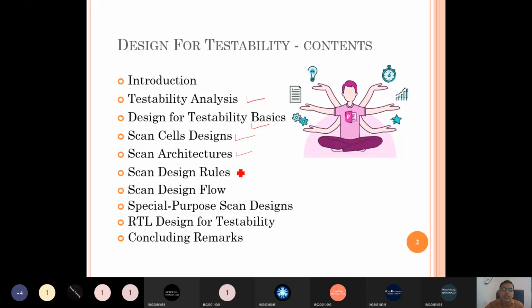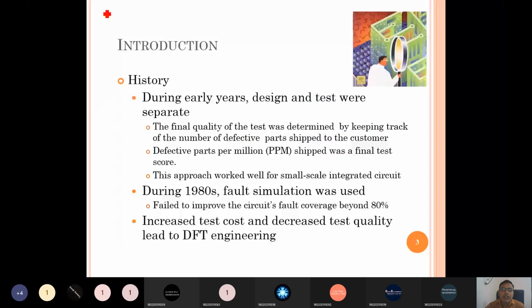Separate parts means, suppose I want to design a NAND gate IC, 7400, right? The designer will start with the specification, then develop RTL code, and then the tool converts the RTL code into the gate level netlist, and from the gate level netlist to the layout, and from the layout it is passed to the fabrication lab, and the fabrication lab develops an IC for the NAND gate, right?